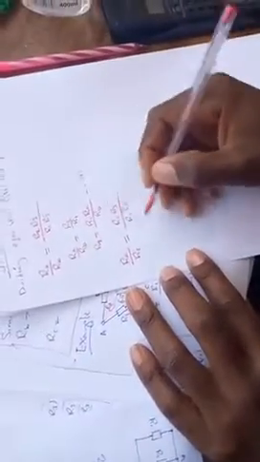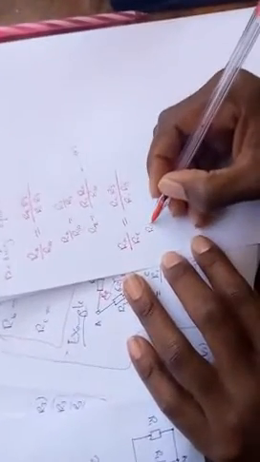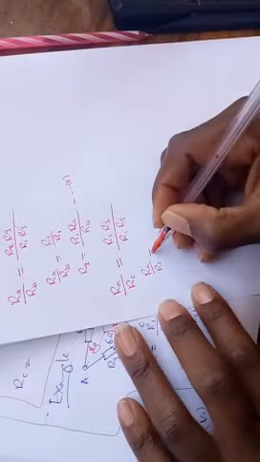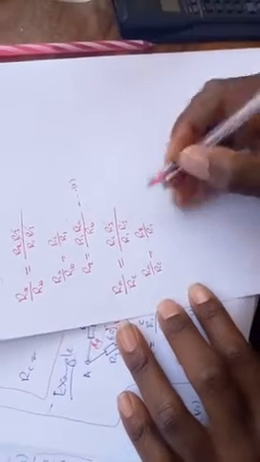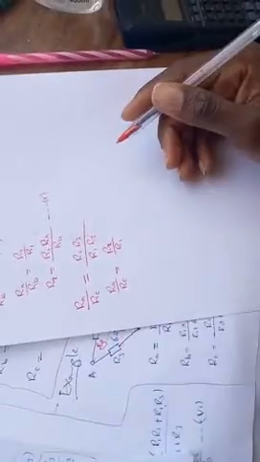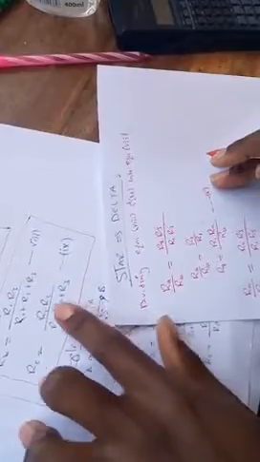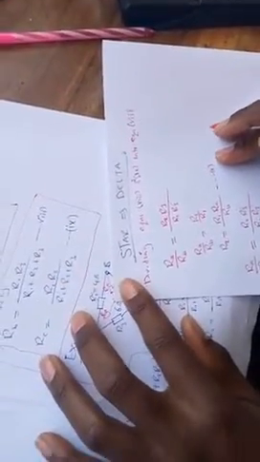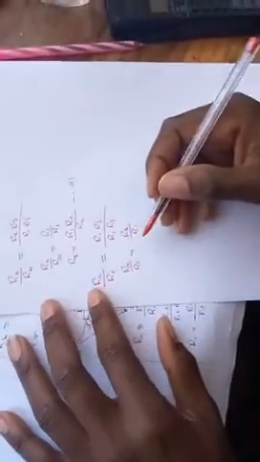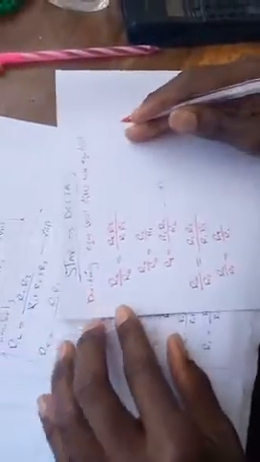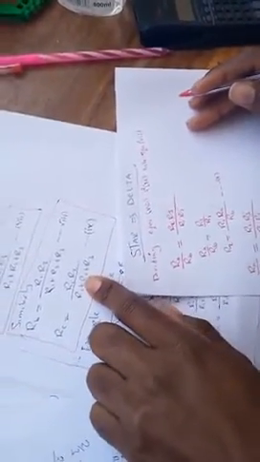These are the same. So I'll have RA over RC, which will be R1.